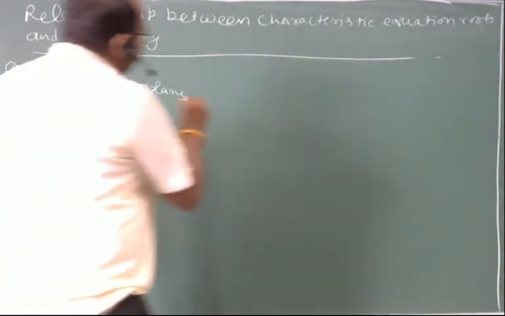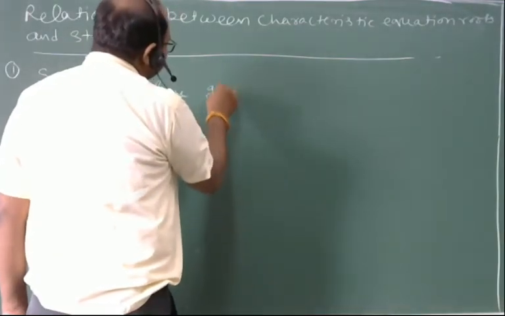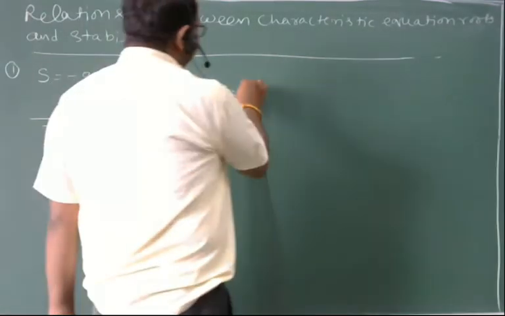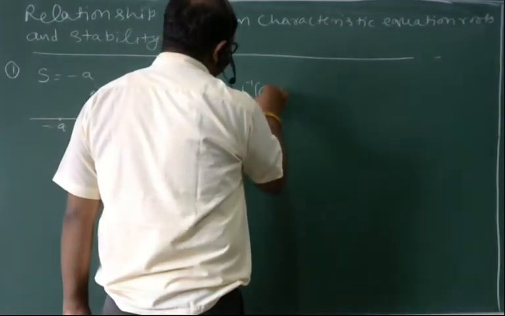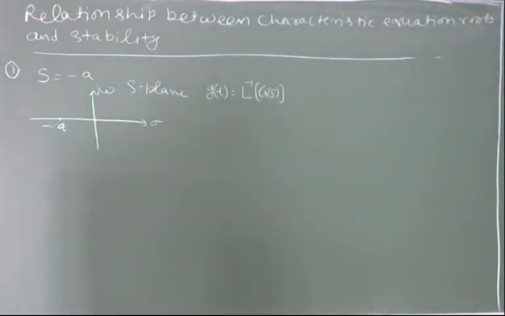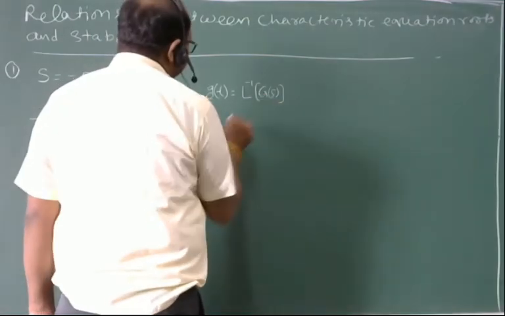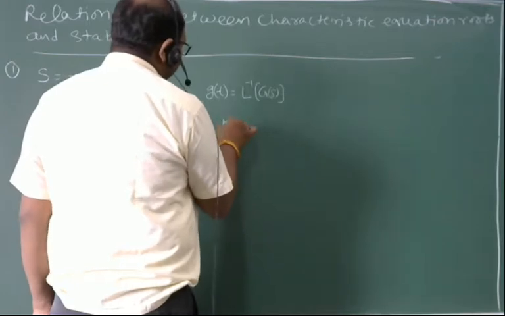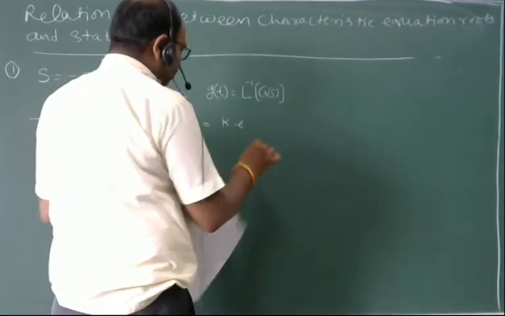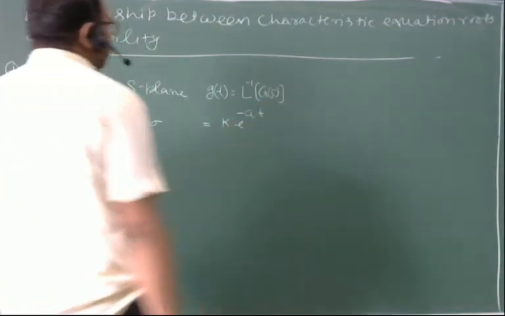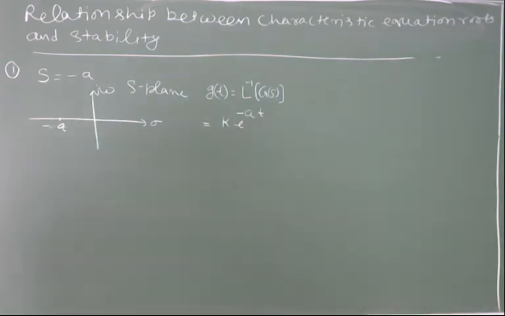In this case, if I calculate g(t), the impulse response, what will be g(t)? Inverse Laplace of G(s), and on calculating this, we will get k e raised to minus at, k e raised to minus at.